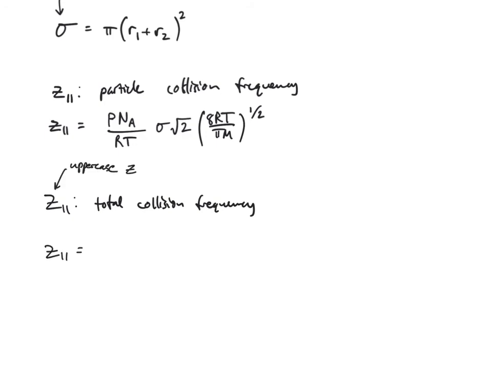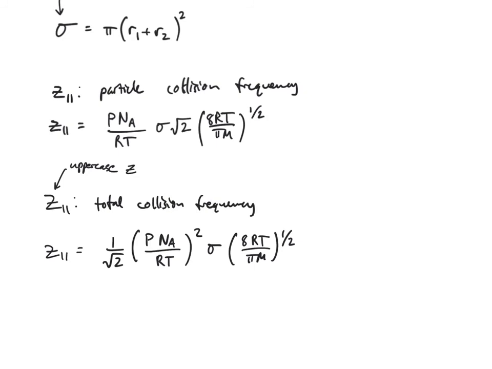This one equals 1 over the square root of 2, times the pressure of the system, Avogadro's number over RT, squared, times the cross section, and then once again the average speed. So those are two formulas that we can use to calculate particle collision frequencies.